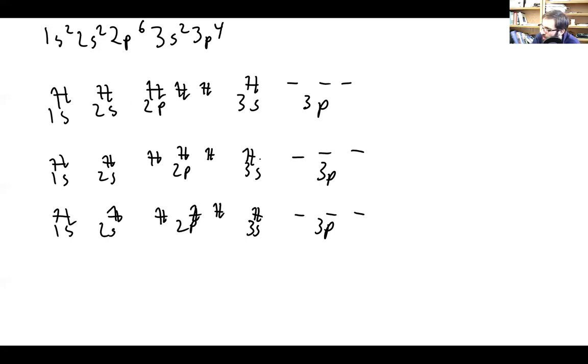All right, but now the interesting part is to do something like this. Okay, so which of these would be correct ground states? Or maybe there's more than one answer.